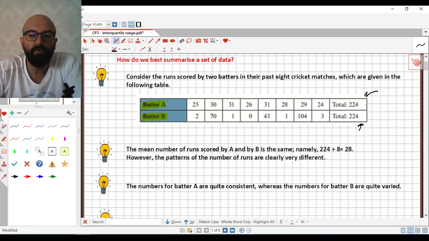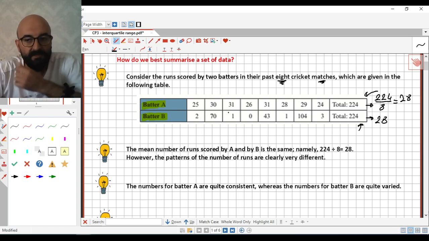If we want to find the mean or average over the 8 cricket matches, for the first one the mean is 224 divided by 8, which is 28. For batter B, the average is also 28.